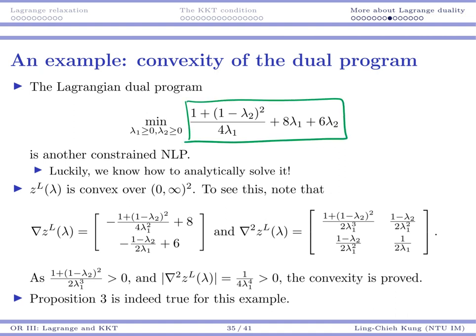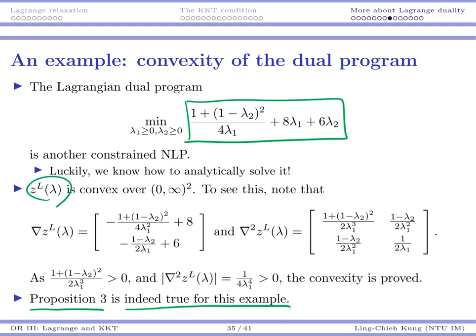So I don't want to do the arithmetics here step by step, but you may want to verify it by yourself. Okay, so proposition 3 is indeed true for this example. Your ZL of lambda is indeed convex. Of course, this is not a proof, but this at least gives you one confirmation, one verification in this particular example, okay?